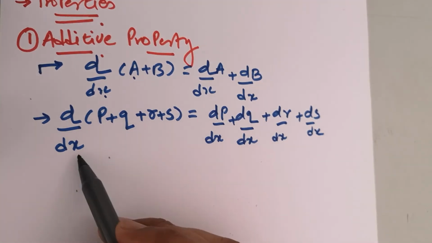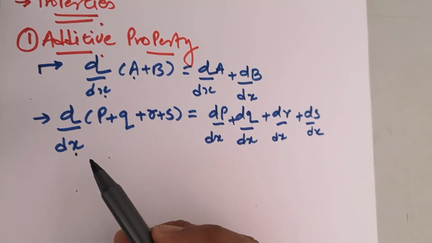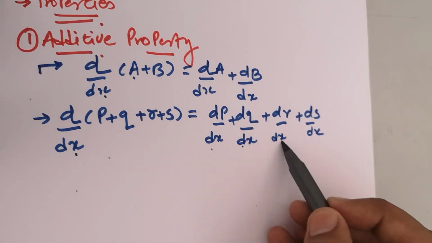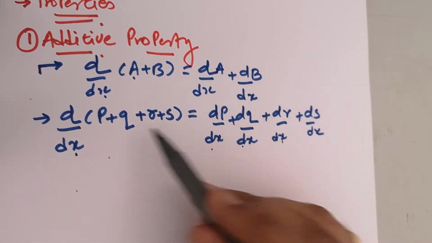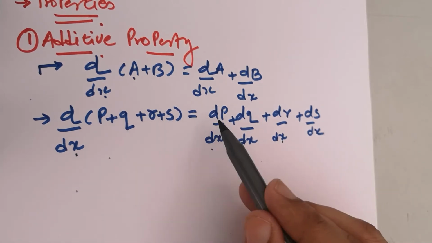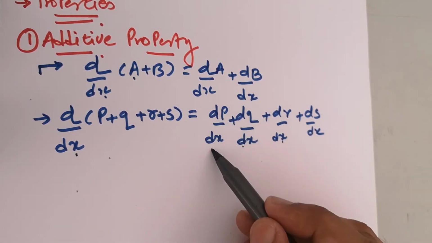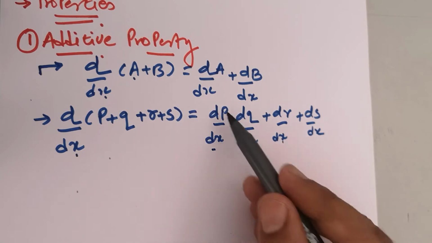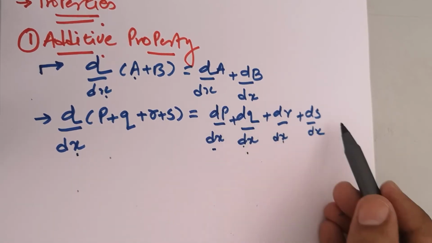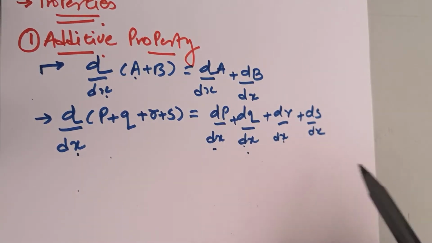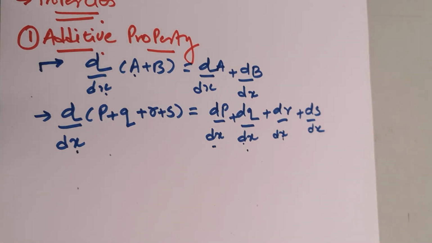You can see that the term called the relative term, dx, cannot be changed. It is kept as it is, and our numerator terms are separated. As per our notation, each and every term is differentiated separately, individually. This is the very first property, called the additive property.